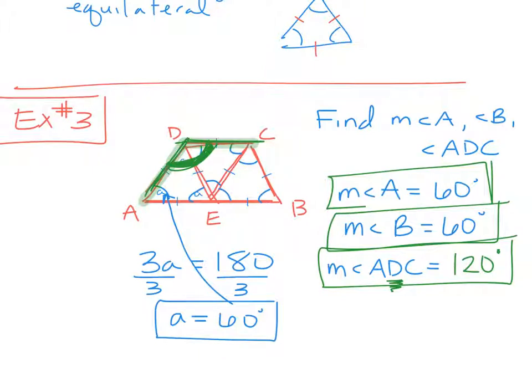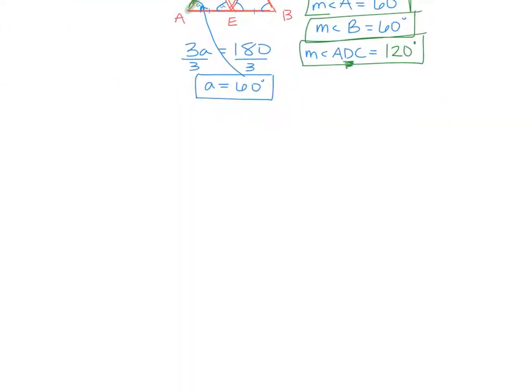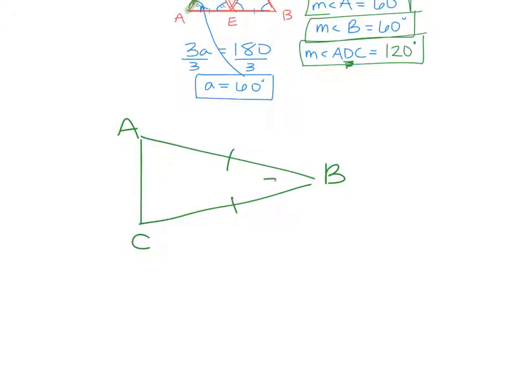Okay, last example, and this really is just a recap from yesterday just to make sure everyone's clear what's going on. If you have this set up, this is A, B, C, and this is 36 degrees. How do you find the measure of angle A? Right, so we know because it's isosceles that those two are the same.